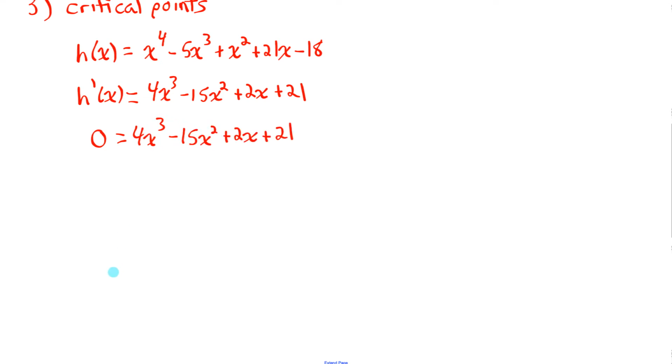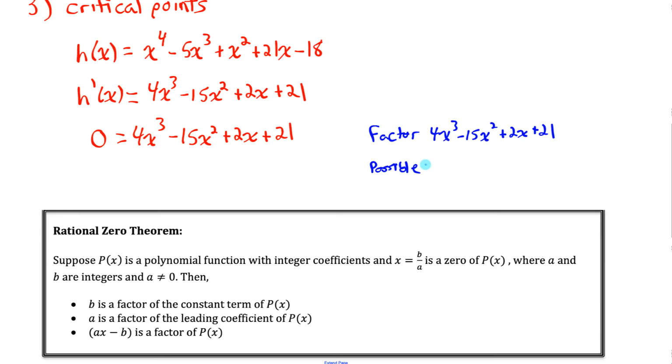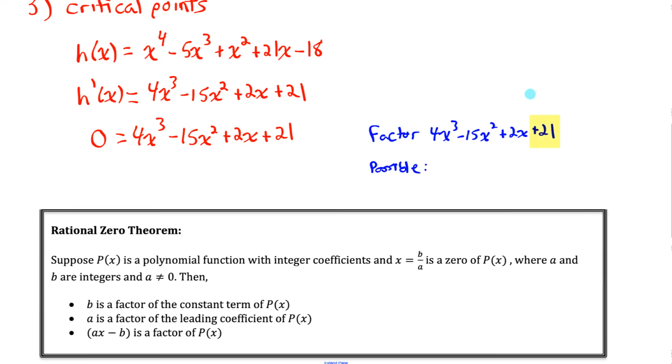Now, because this is degree 3, we're once again going to have to use the factor theorem, test for zeros, and do synthetic or long division. So off to the side over here, I'm going to factor this 4x cubed function. I'm going to have to find a value that makes this 0, and the possible zeros, based on the rational zero theorem this time, would be factors of the constant term.